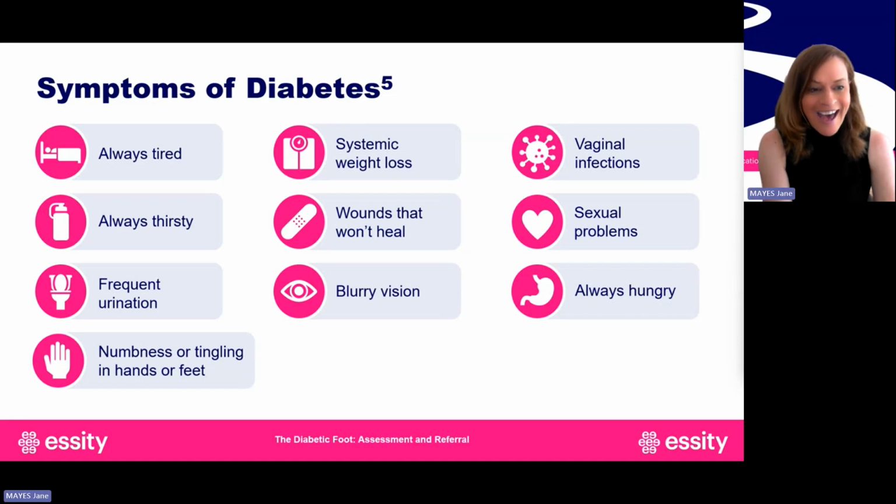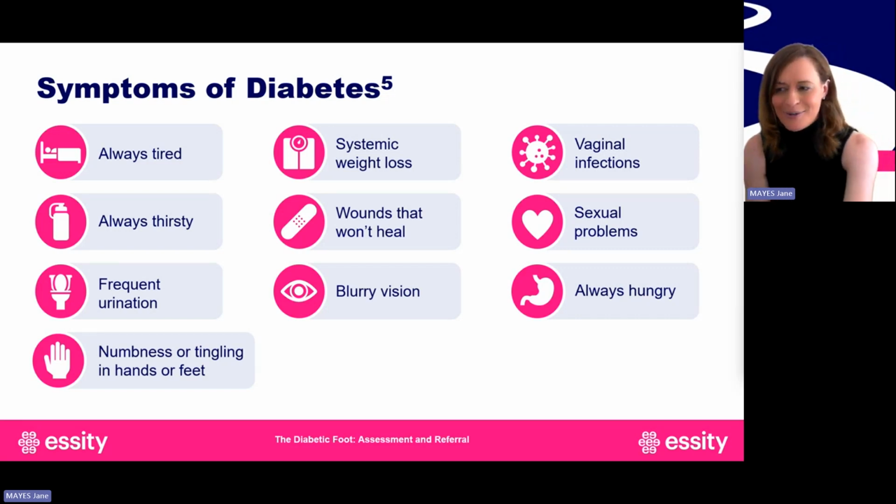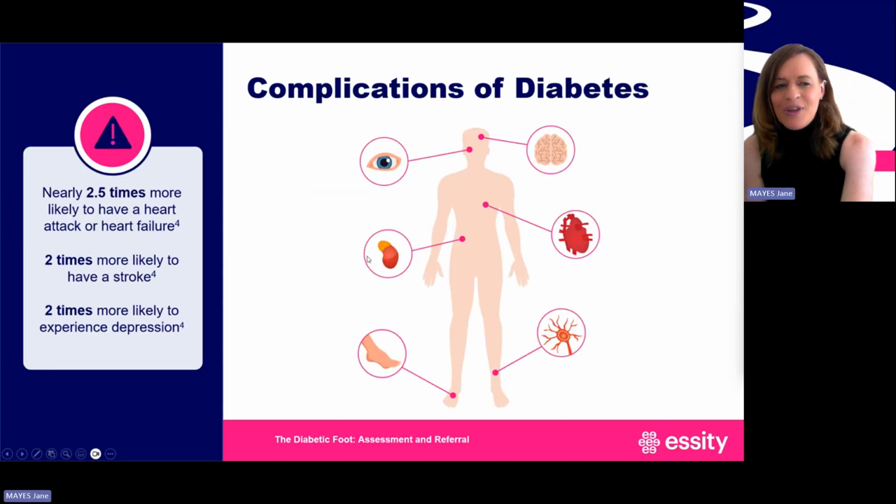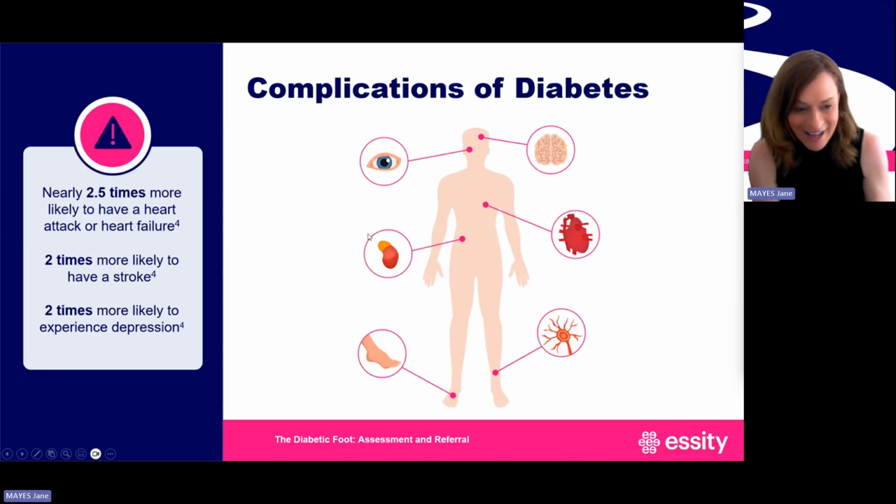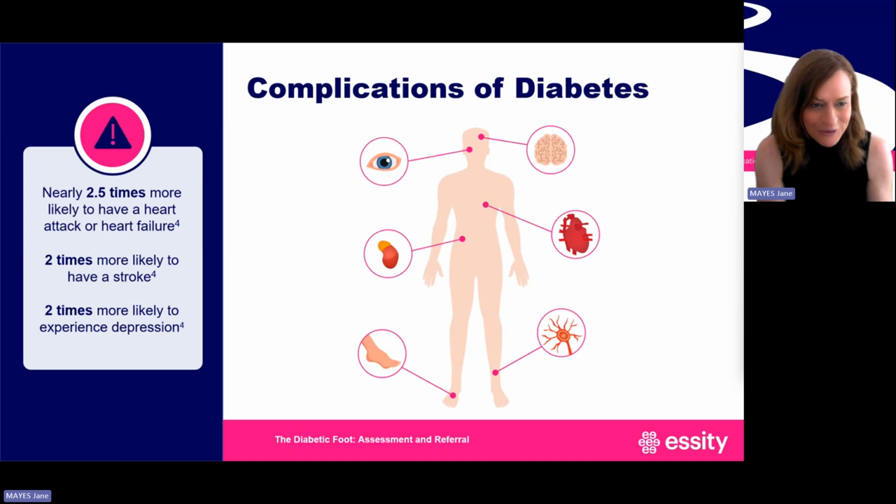That one close to my heart, the wounds that don't heal, and we've already touched on the need to exclude a diabetic diagnosis or diabetes diagnosis. So thinking now, we're getting to that lower limb and to that foot.